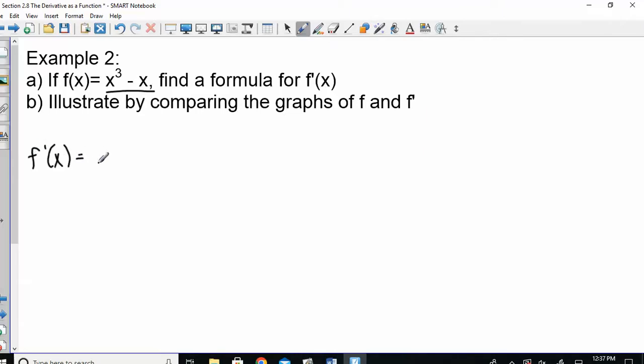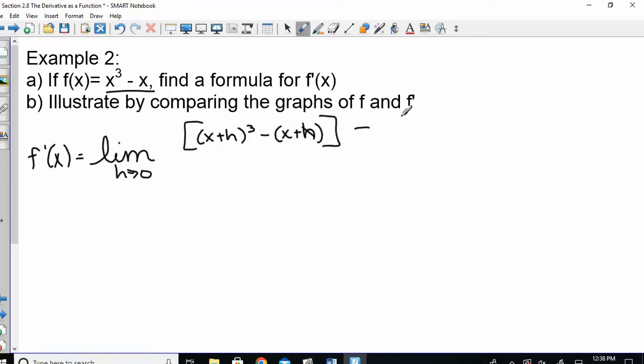The derivative, that is the definition that we've been using, is the limit as h approaches 0 of f of x plus h, so x plus h cubed minus the x plus h, minus f of x. What is f of x? x cubed minus x. All over h.